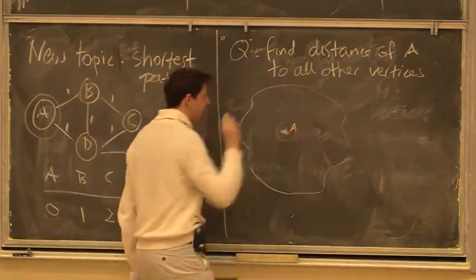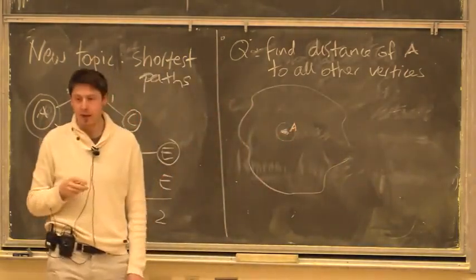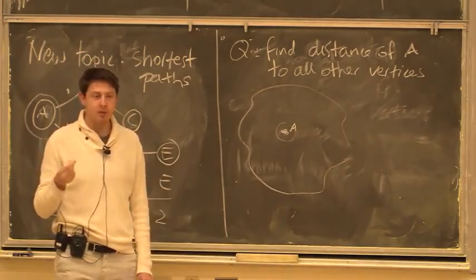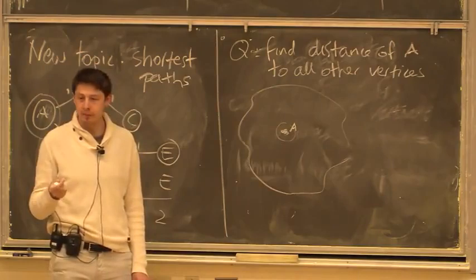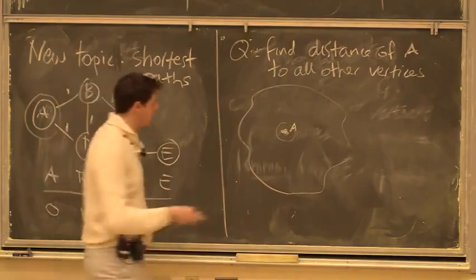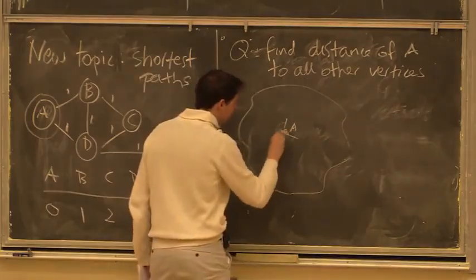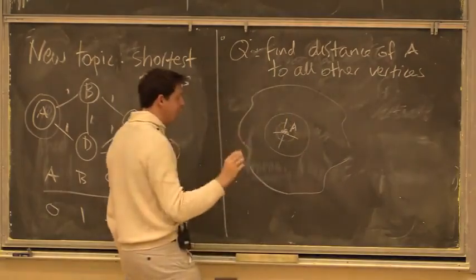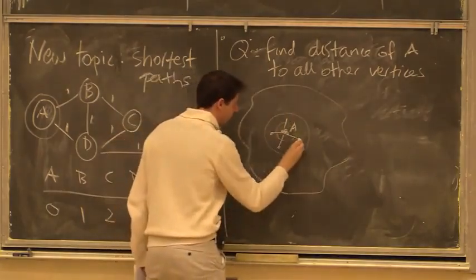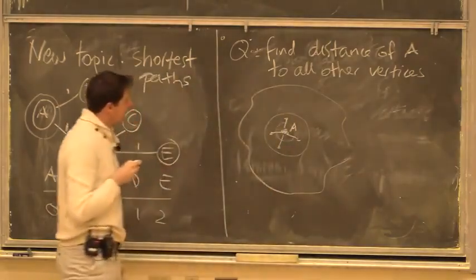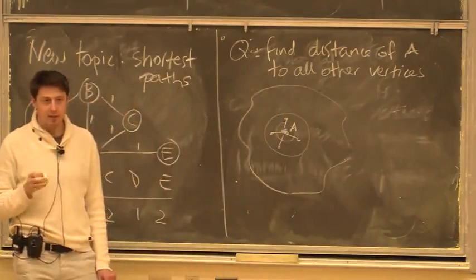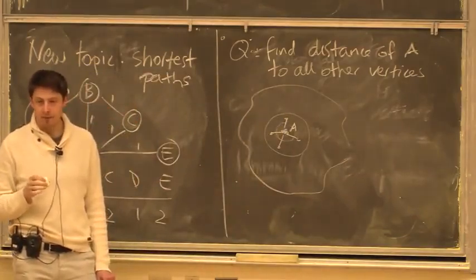A is the only thing that has distance 0 to A. Now, what are the vertices that have distance 1 to A? Who are they? They're its neighbors, right? Whatever is directly connected to A is all the vertices that have distance 1. Now, what are the vertices that have distance 2 from A?